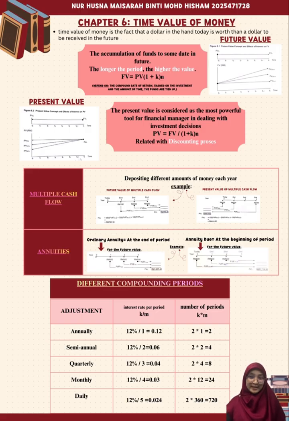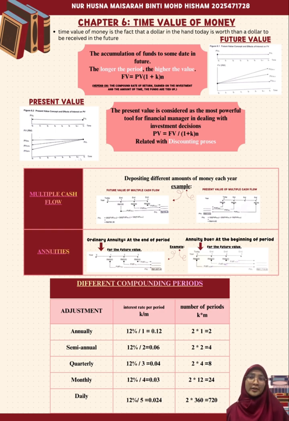So for annuities, there are two types of annuity payment, which are ordinary annuity and annuity due. Ordinary annuity refers to the cash flow that occurs at the end of the period, like 31 December. Meanwhile, annuity due refers to the cash flow that occurs at the beginning of the period, such as the first day in January.